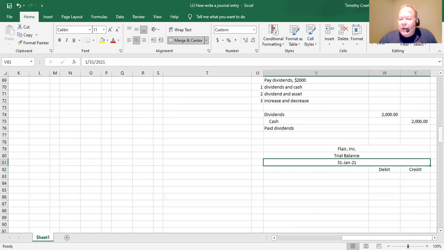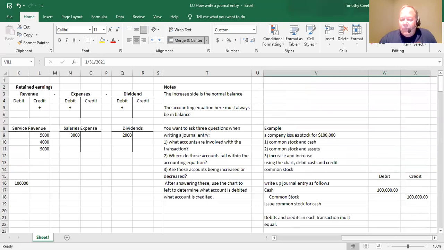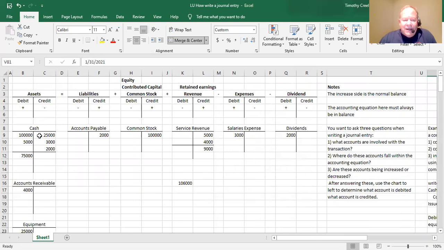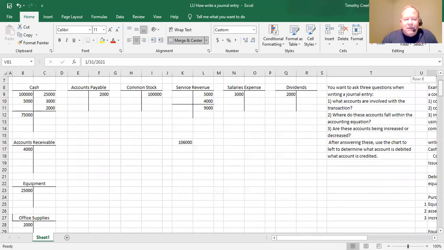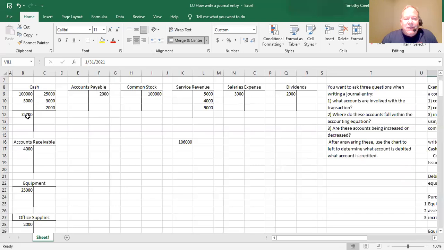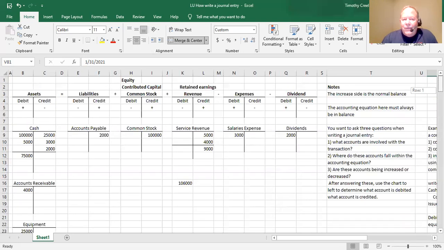Now, when you do a trial balance, you want to start up here with all of the balances in the assets, work your way down, and then move your way across the accounting equation. If it has a debit balance, you list it in the debit column. If it has a credit balance, you list it in the credit column. Notice that all of your accounts have the balance on their normal balance side.